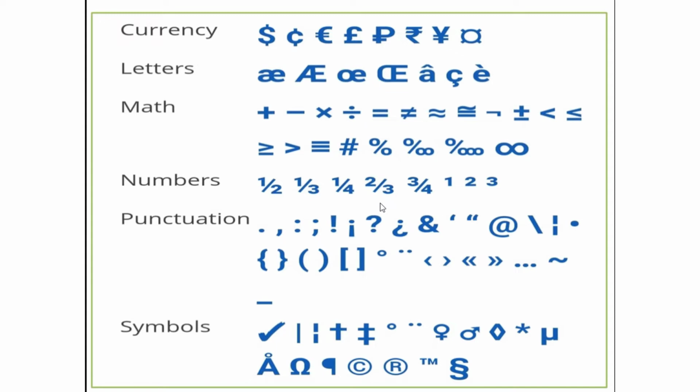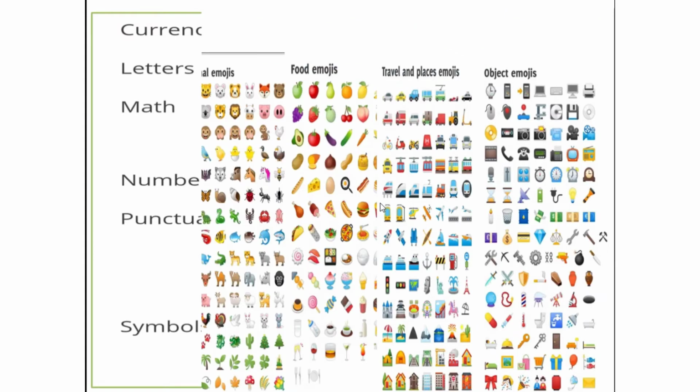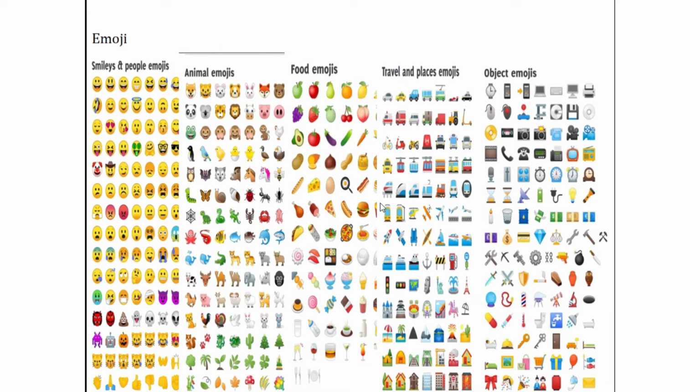Next one is symbol. It is a mark or character used as a conventional representation of an object or process. Next one, emoji. It is a pictograph. Okay, pictographs which are related with emotions.